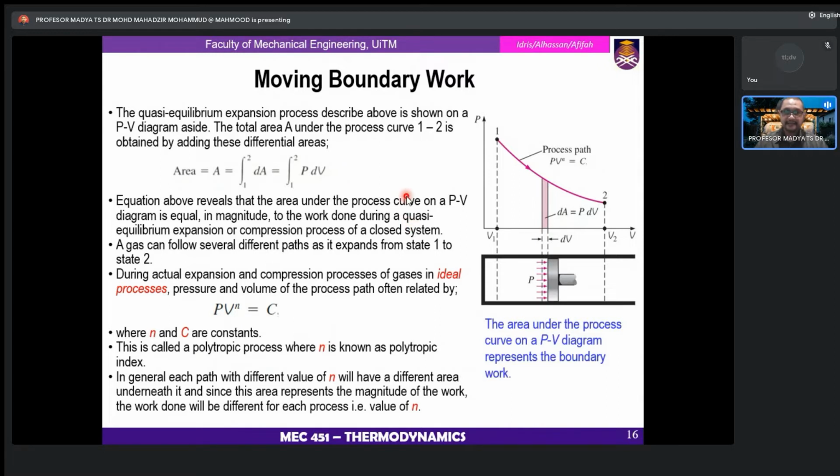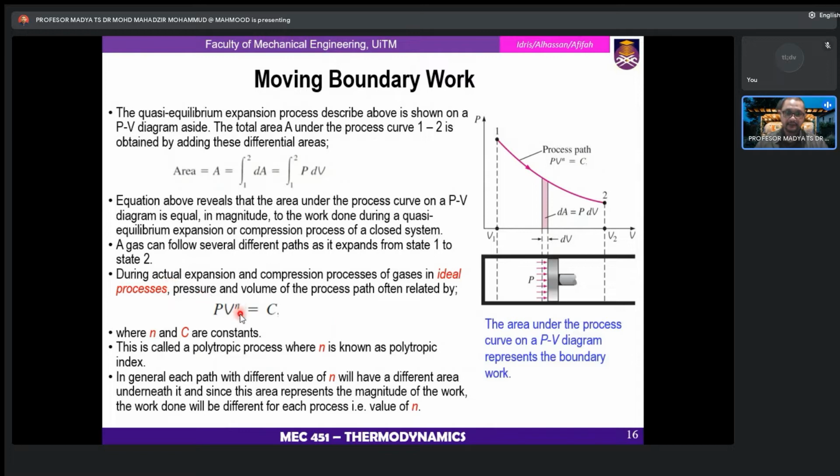A gas may follow several different paths as it expands from state 1 to state 2. During actual expansion and compression processes of gases, pressure and volume are often related by PV^n equals C, where n and C are constants. This is called a polytropic process, where n is known as the polytropic index.